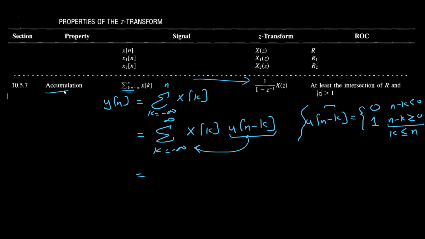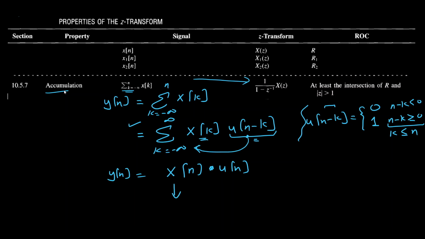But do note that the second equality is the standard definition of convolution. That is, we have a convolution of x of n with the signal u of n in time domain. So actually our output y of n is a convolution of x of n with the unit step function u of n.